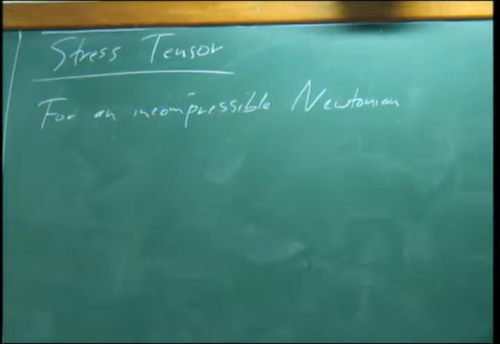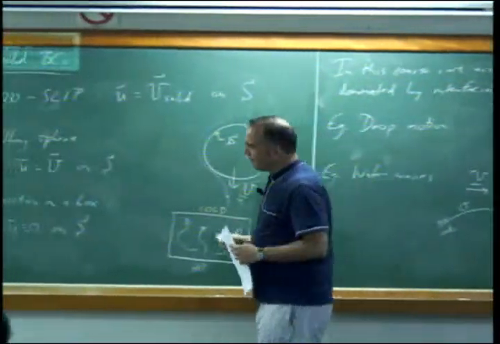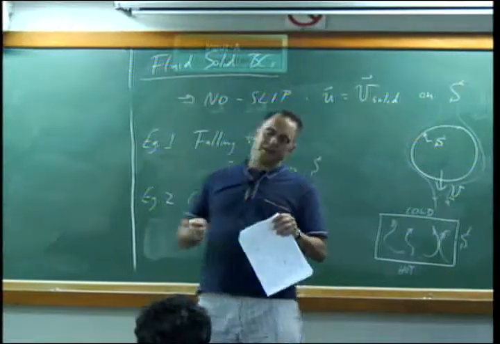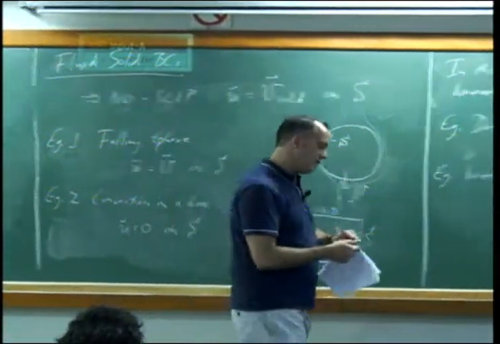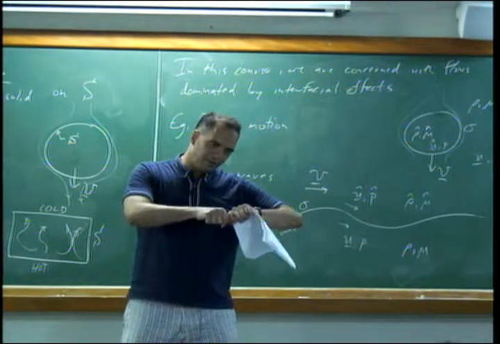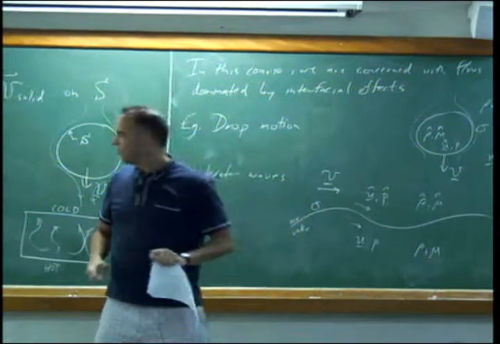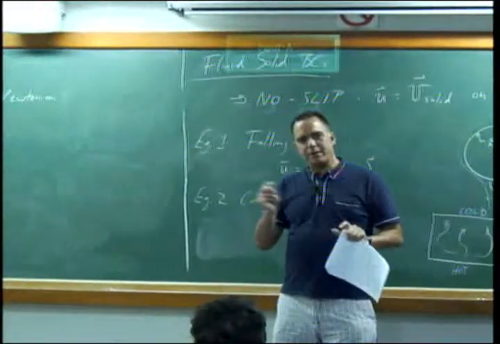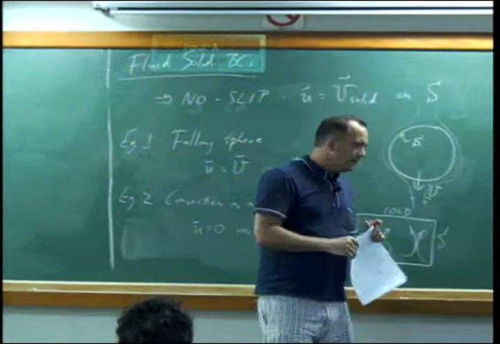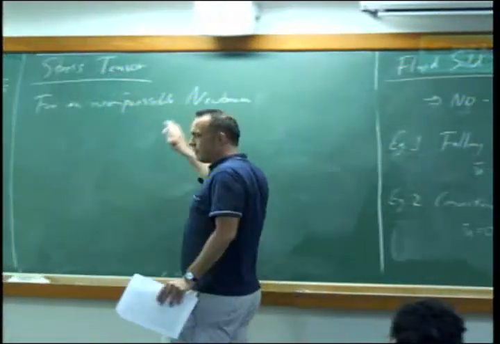For Newtonian fluids there's the stress and the strain. Stress has units of force per area. Strain is basically a measure of the local stretching within the fluid. These two are linearly related for Newtonian fluids through the fluid viscosity. These are basically the simplest types of fluids.